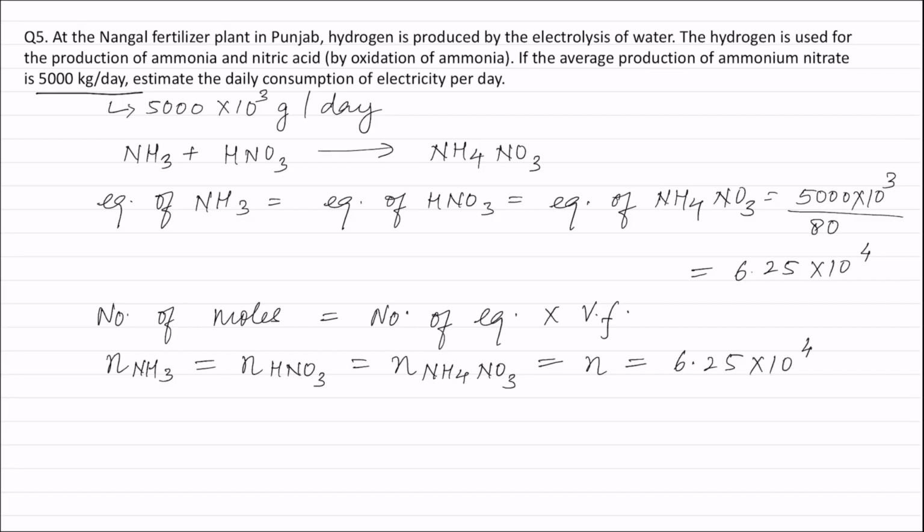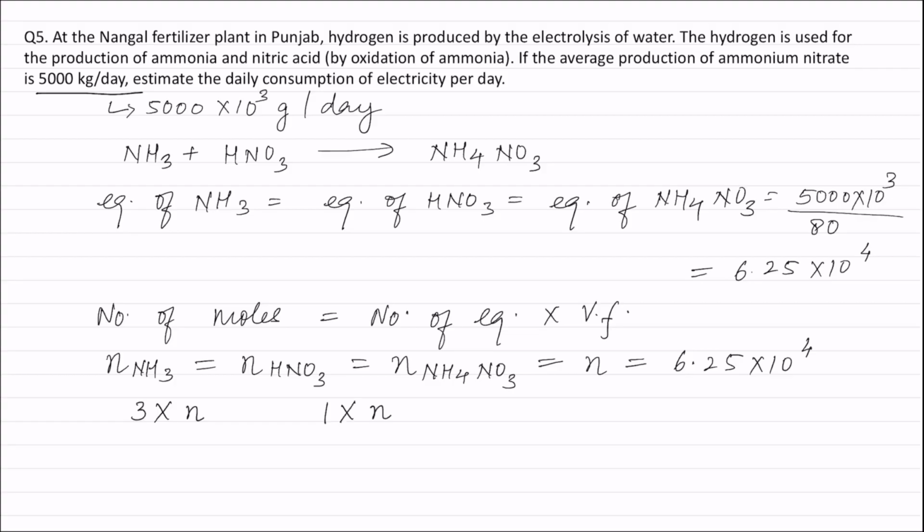Now applying principle of atom conservation to hydrogen atoms, moles of hydrogen atoms in ammonia is equal to 3 into moles of ammonia, that is n, and applying principle of atom conservation to hydrogen atoms in nitric acid, the moles of hydrogen atoms in nitric acid will be 1 into moles of nitric acid, that is n.